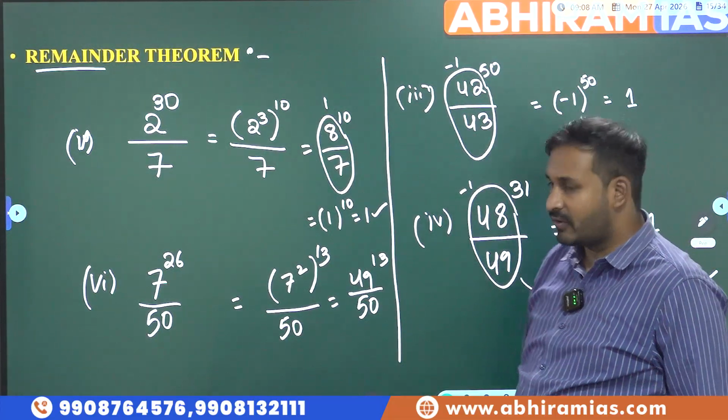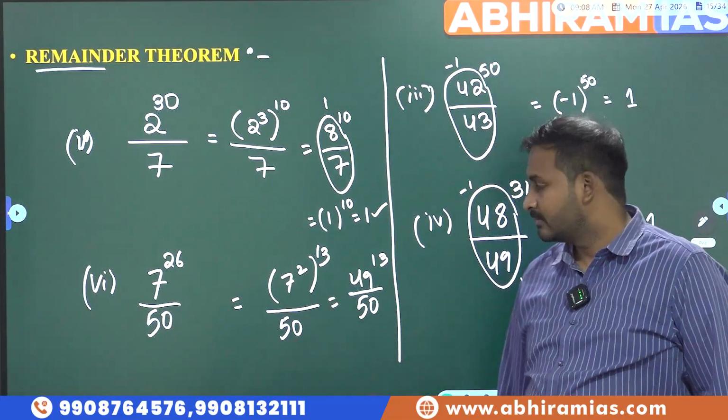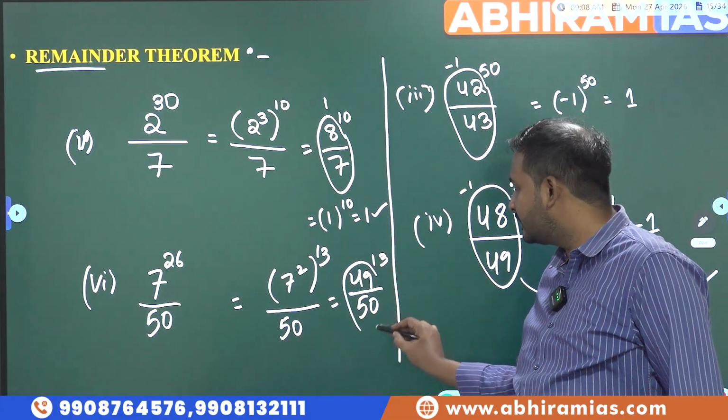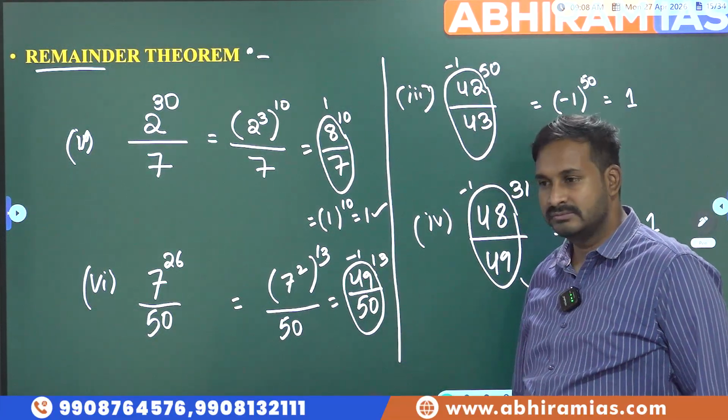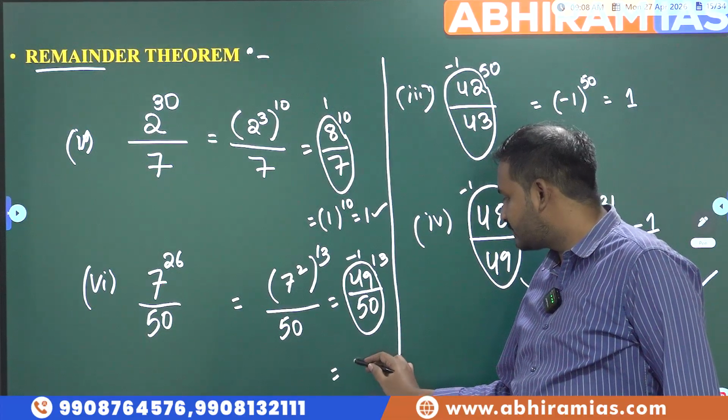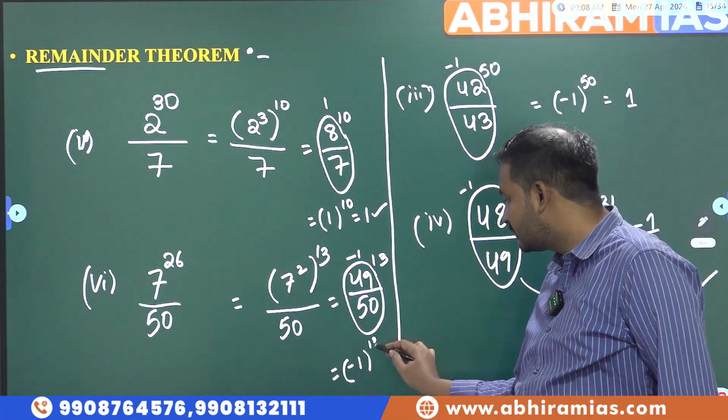What is the remainder for 49/50? 49/50 కి ఏమవుతుందండి? -1. So -1 whole to the power of 13 means what?